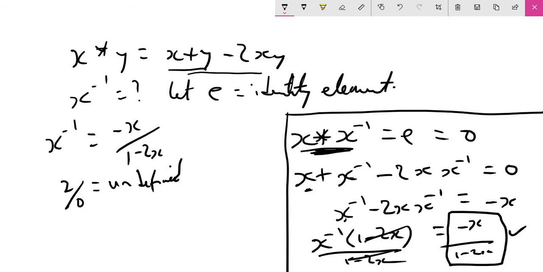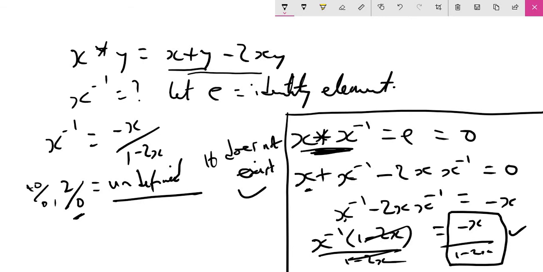You can't divide by 0. That's a nonsensical value. It doesn't make any sense. Whenever you have this, we say undefined. It does not exist. Whether it's 2 over 0, 10 over 0, even 1 million over 0, they are all undefined.